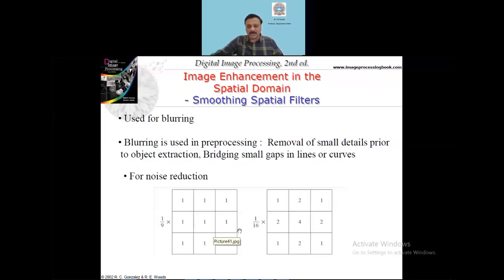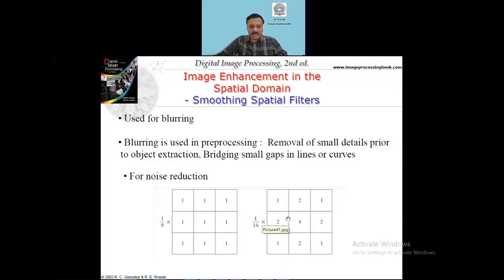So this is one observation of a low pass filter: the sum of the weights is equal to 1. What does it mean? Suppose I have a smooth region, then the low pass filter does nothing, because a smooth region is a low frequency component. It is just allowed as it is. That is the reason why the sum of weights should be equal to 1.